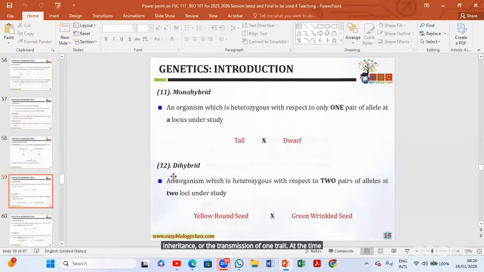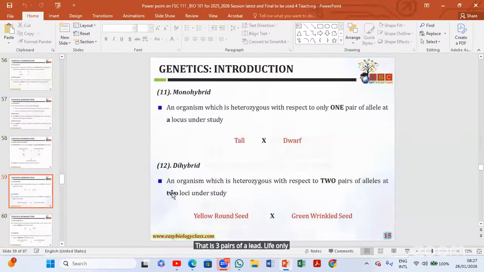Then when you talk about dihybrid, dihybrid simply means the crossing or the study of the transmission of two pairs of allele at two different loci. Two pairs of allele at two loci under study. So di means two, mono means one. You can equally have trihybrid. That is three pairs of allele.